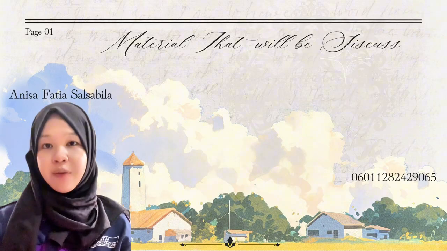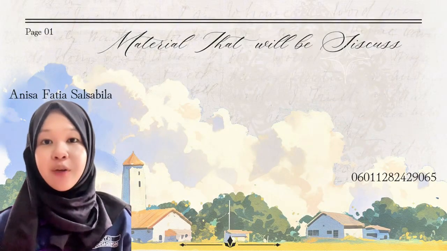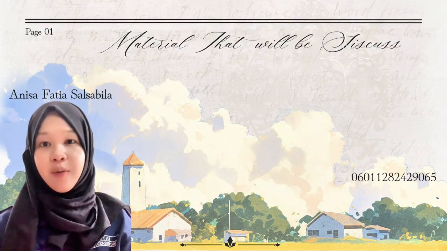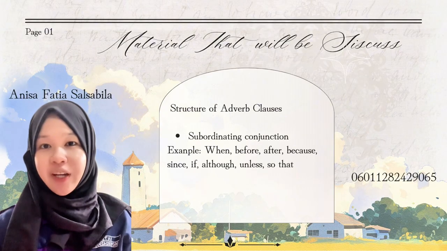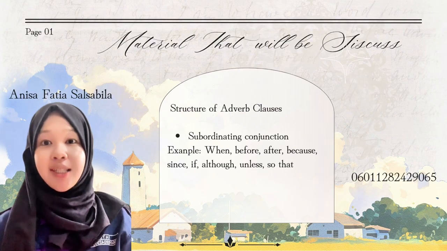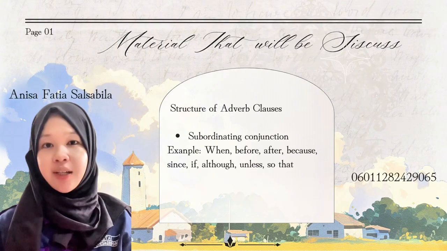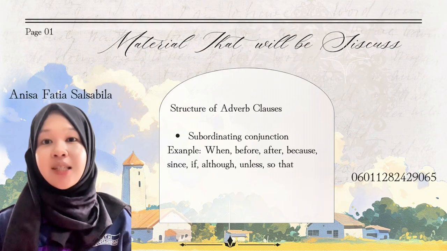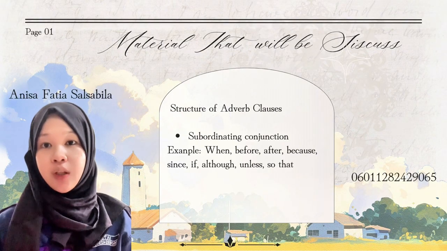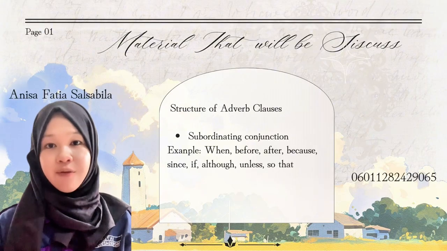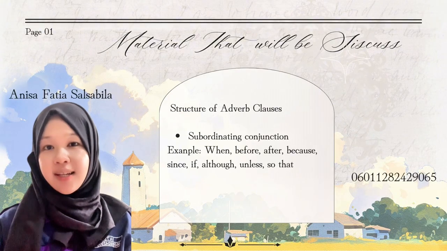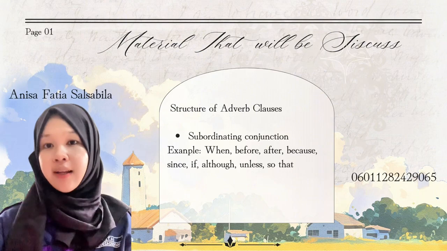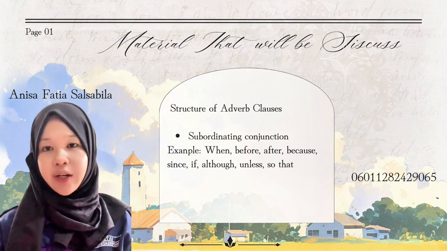Structure of adverb clauses. Every adverb clause has two essential parts. First, a subordinating conjunction, which signals the type of information the clause will give. Some common conjunctions include when, before, after, because, since, if, although, unless, so that, and many more.